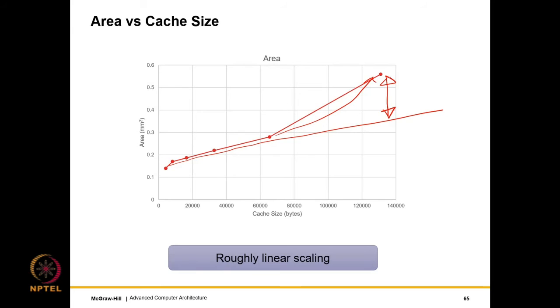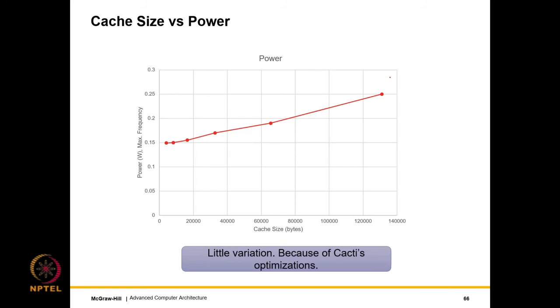That is why we see the superlinear increase in the area, right? But we didn't see that with the access time, and you'll also not see that with the power. So even the power that is used, assuming that we have an access every cycle, at the maximum frequency, is still going up from 0.15 to 0.25 watts, which is again not much, and this is also because of Cacti's optimizations.